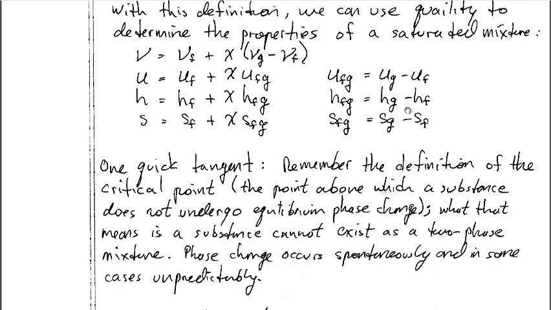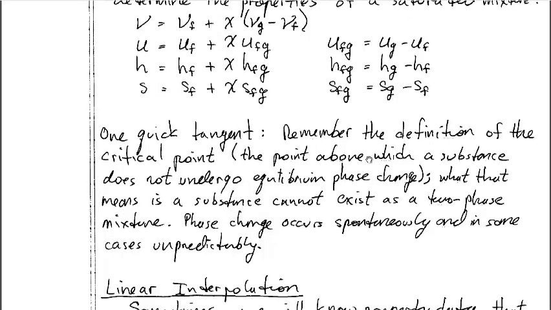And just a real quick tangent to throw in here. If you remember the definition of the critical point, we said that it's the point above which a substance does not undergo equilibrium phase change. What that means is that the substance cannot exist as a two-phase mixture, right? In other words, it's not possible for that substance to have quality. It's either a liquid or it's a vapor.